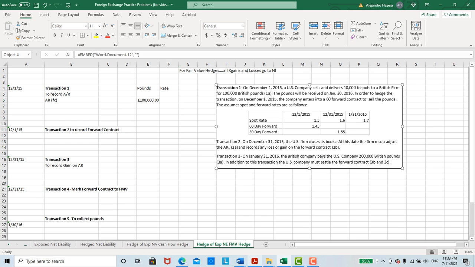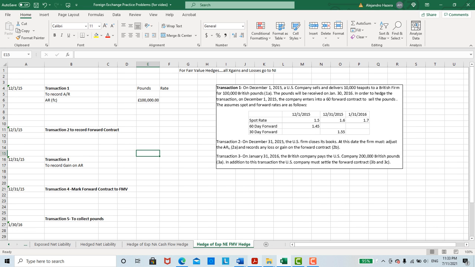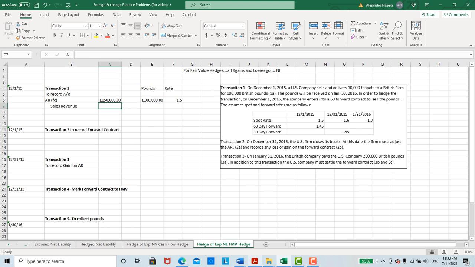I'm using this spot rate right here, and that's $1.50. And go ahead and credit the same amount. Okay, so it's going to be valued at 100,000 times 1.50.